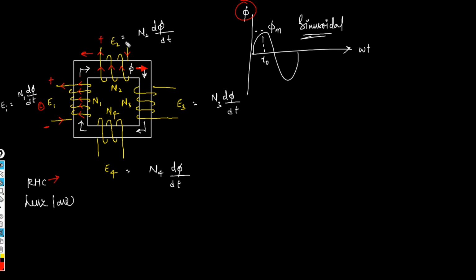Therefore, this is plus and this is minus, since I am assuming some load has been connected here. So here it is plus. Here also it is plus. All my values will be plus because I am considering in accordance with Lenz's law.